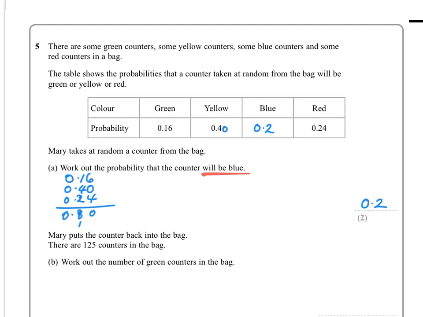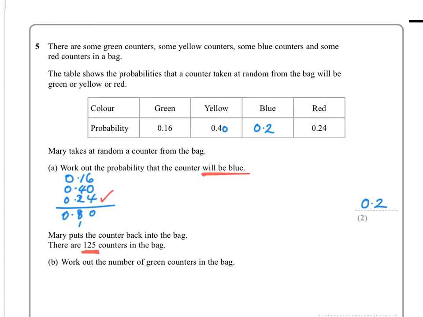And don't forget, this is a calculator paper, so you could probably do much of this on a calculator, but I really do plead with you to show your workings. Don't just leave an answer there and no workings whatsoever, because if you make a single mistake, you won't get too much, you'll get 0. Mary puts the counter back into the bag. There are 125 counters in the bag.